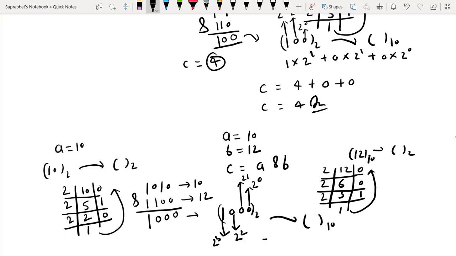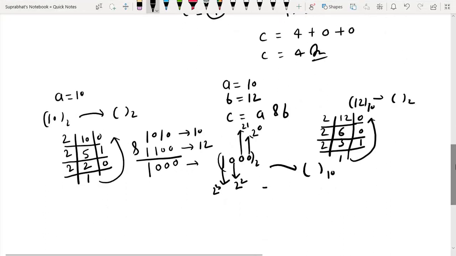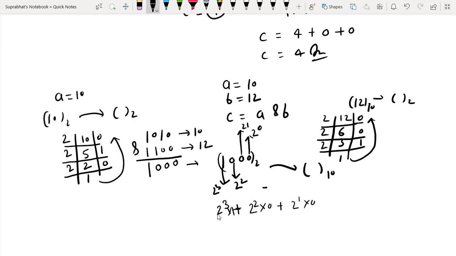So the result is now like this: 2 to the power 3 multiplied by 1, plus 2 to the power 2 multiplied by 0, 2 to the power 1 multiplied by 0, plus 2 to the power 0 multiplied by 0. So 2 to the power 3 is 8 plus 0 plus 0 plus 0. So the final output is 8 in decimal. So the final output you see on screen is 8.